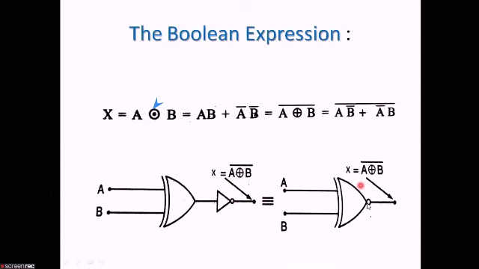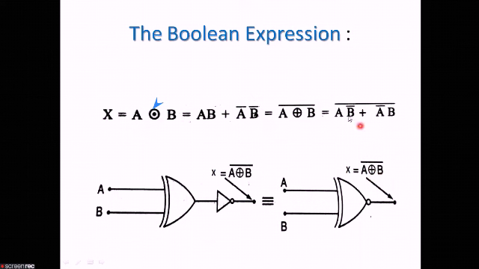This is the XOR gate symbol combined with a bubble that makes it an XNOR symbol. So see here, this is the symbol of an XNOR gate. And this one is X is equal to A XOR B whole bar, which makes it an XNOR gate.